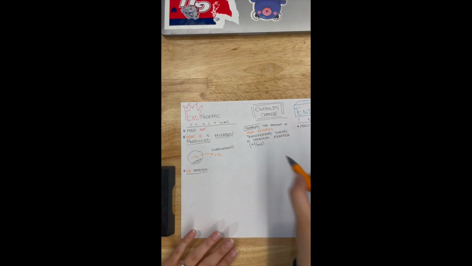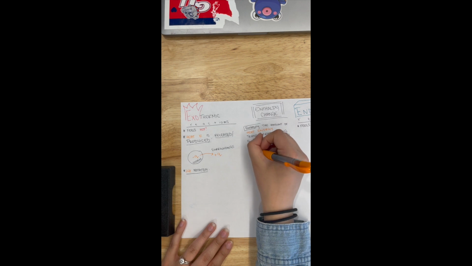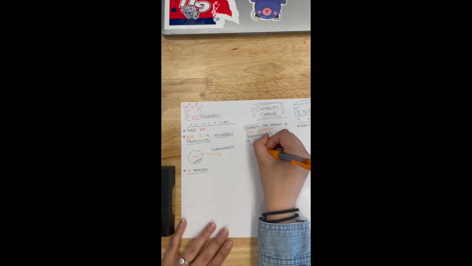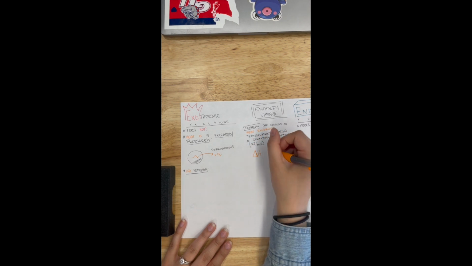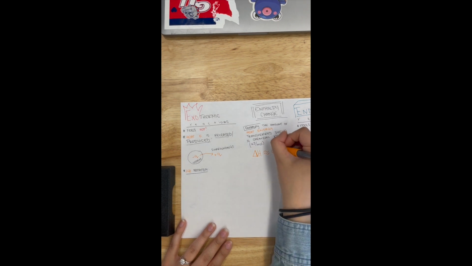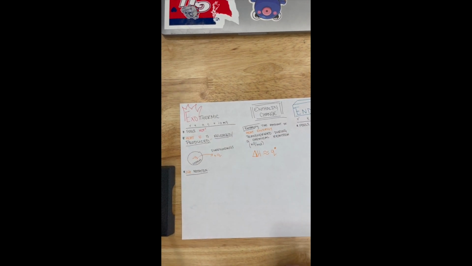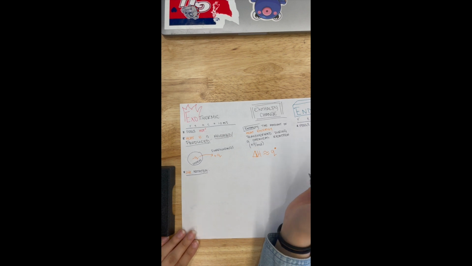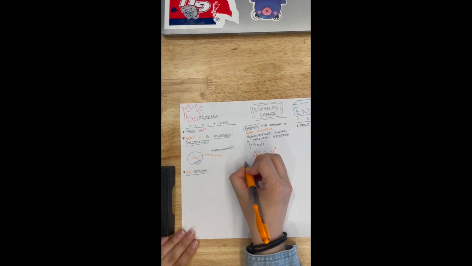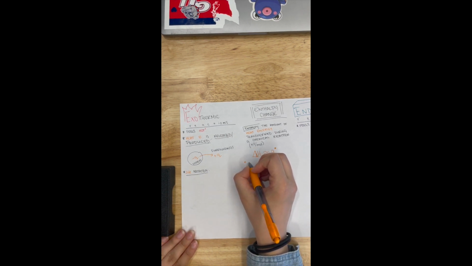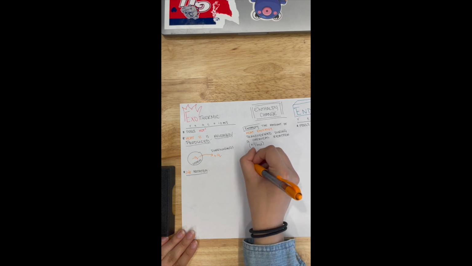Now, what we use to represent enthalpy is delta H. We say delta H is our enthalpy, and it is approximately equal to Q. Now we're going to put an asterisk here because there's a reason why it's not necessarily equal to Q. It's only equal to Q at constant pressure.